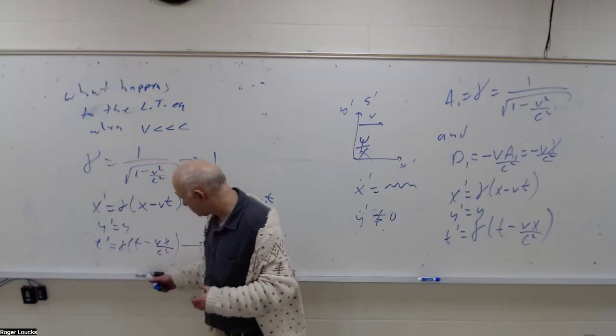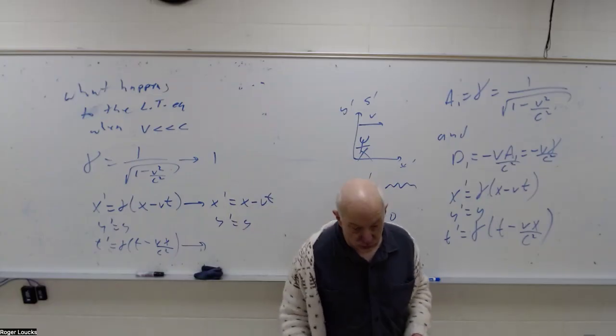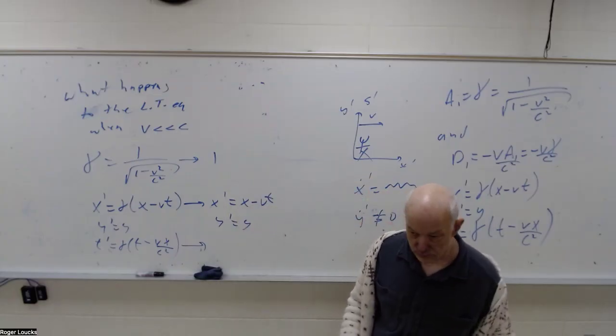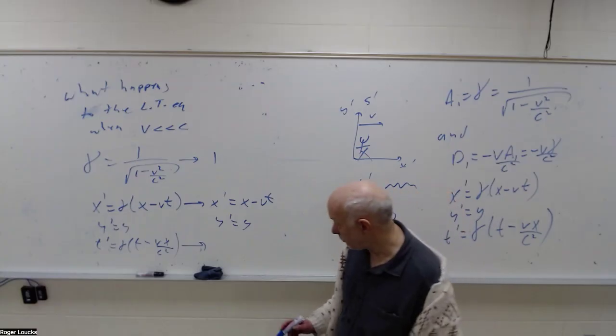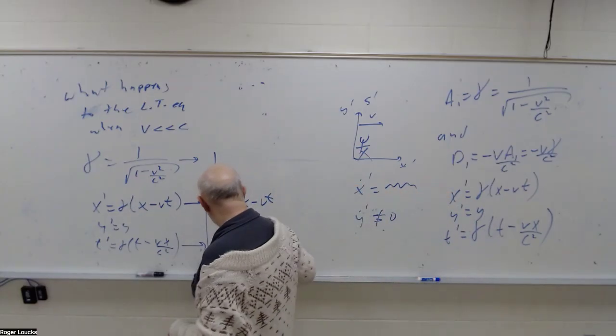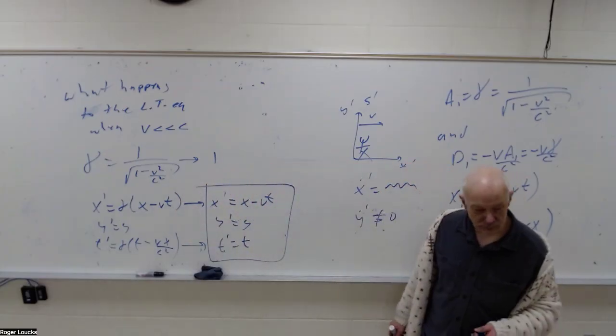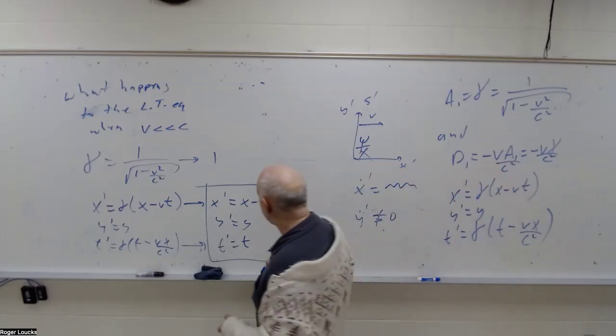Your gamma goes to 1, and I'm going to take the velocity of an object divided by c squared. What does that go to? Zero. So this gives me t prime equals t. These are actually given a name. These are the Galilean transformation equations.